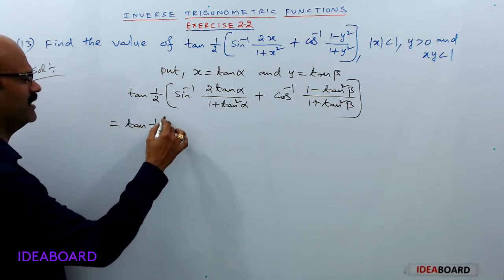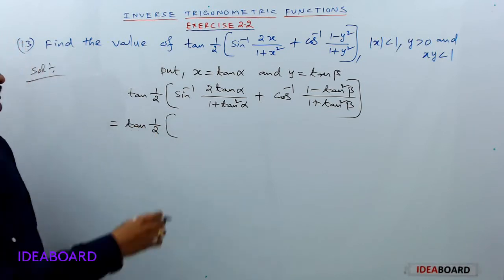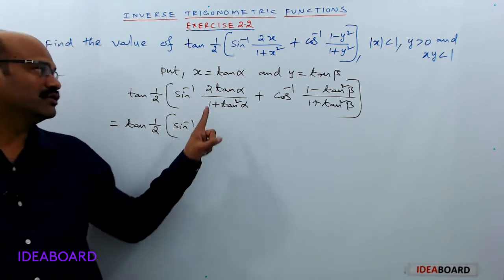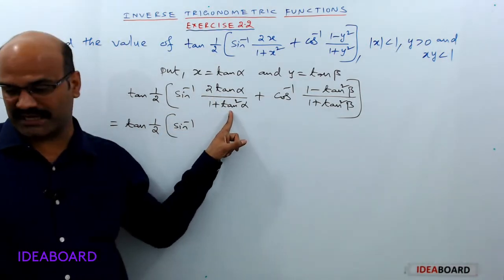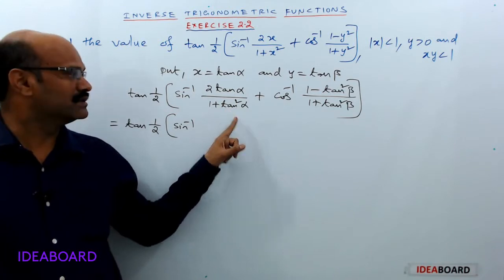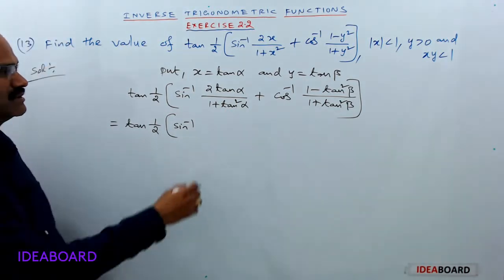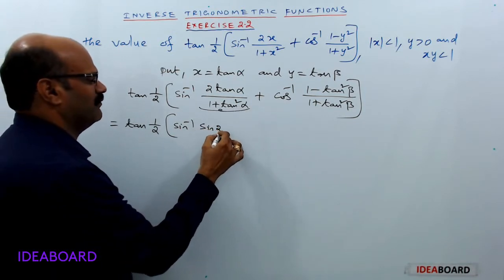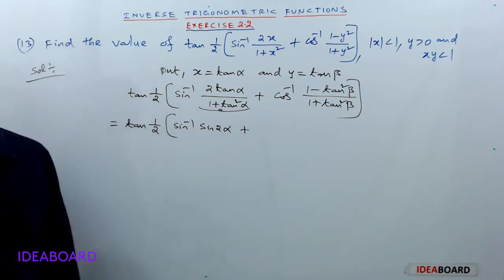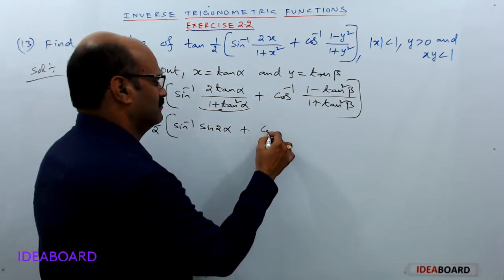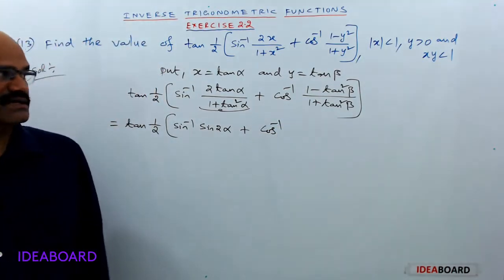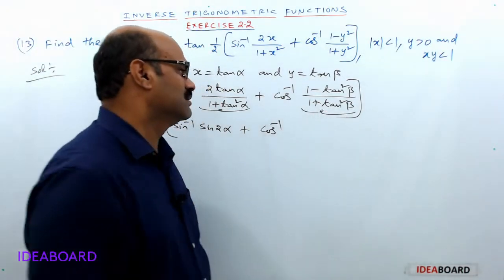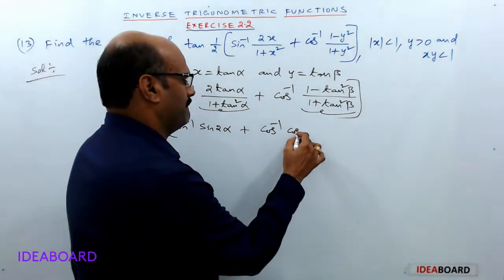Equal to tan of 1 by 2 into sin inverse of 2 tan alpha by 1 plus tan square alpha equal to sin 2 alpha. So it's equal to sin 2 alpha plus cos inverse of 1 minus tan square beta by 1 plus tan square beta equal to cos 2 beta.